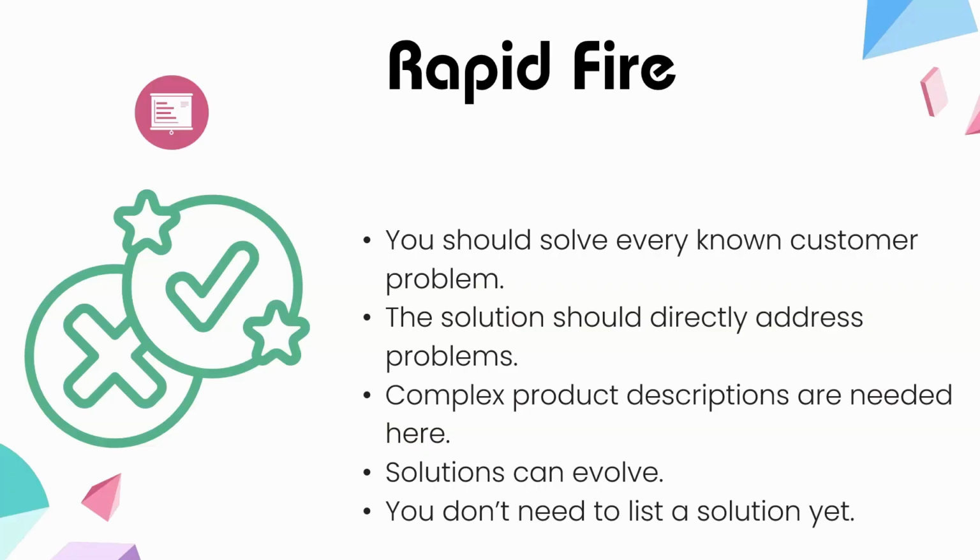Based on the feedback you get from the customers, you have to keep evolving the solutions. The last one: you don't need to list a solution. True or false? False. You have to map. If you're listing three problems, you have to list the solutions mapping to them.